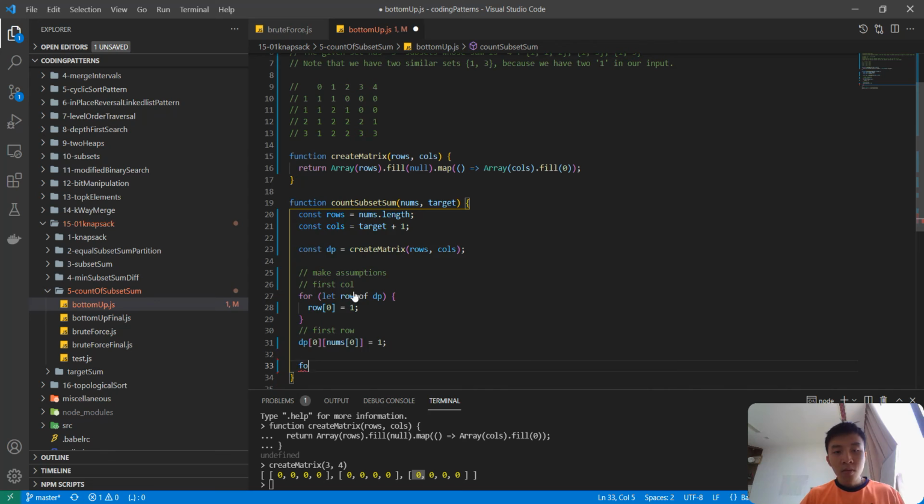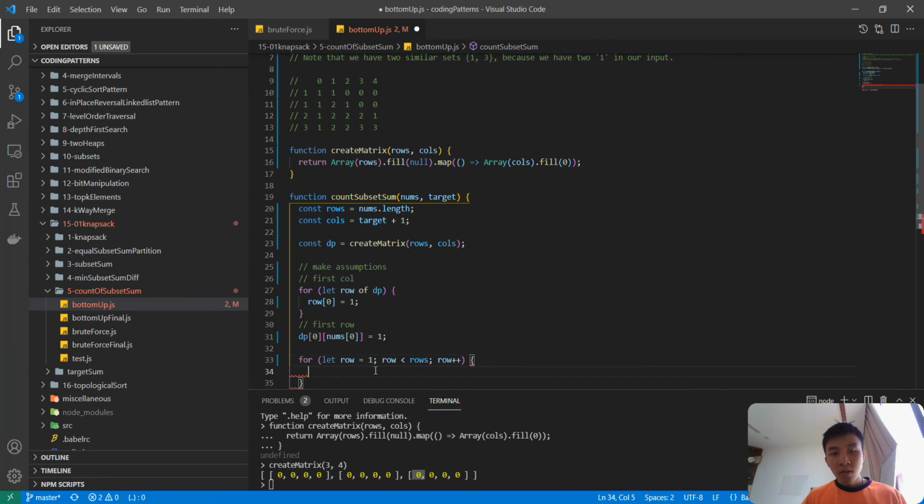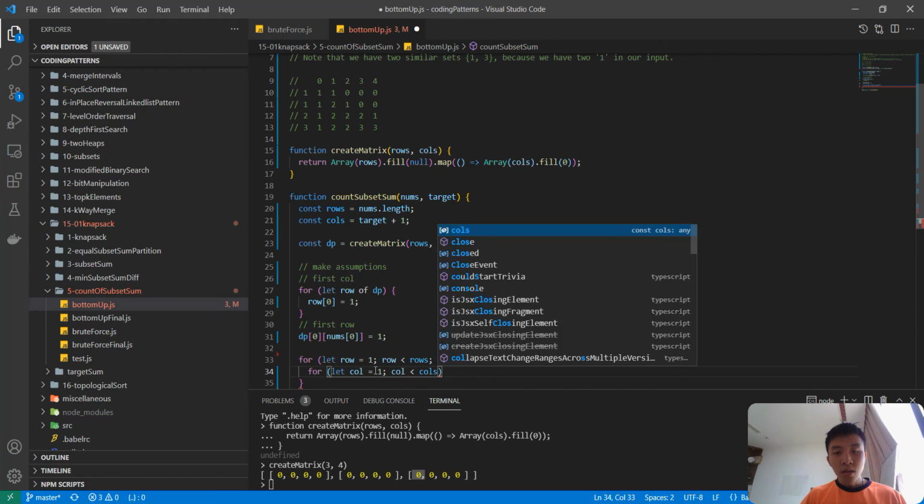Okay, start filling up our matrix. Let row start at 1, the second row, index 1, right? Row less than rows and row plus plus, all the way to the end. Column equal to 1, column less than columns here.